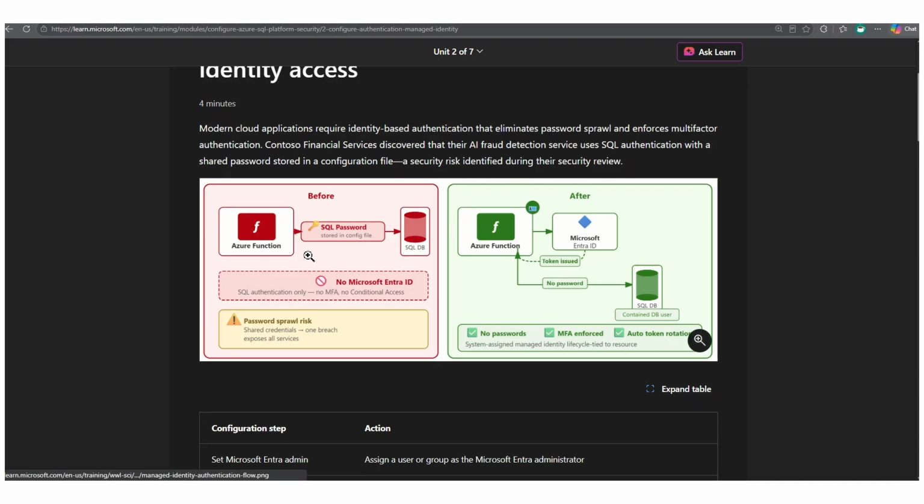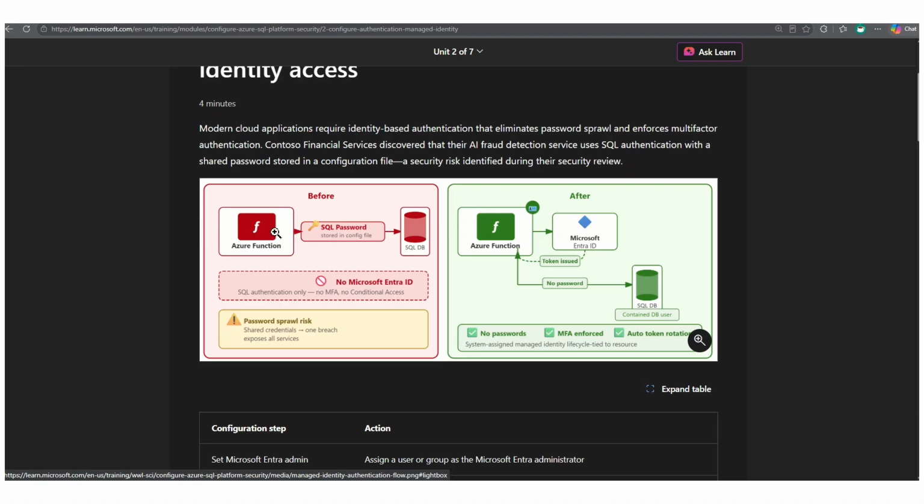So before, basically, you have an Azure function, for example, that needed to use an SQL password. There was no Microsoft Entra ID, and so you couldn't use MFA. Now, of course, an Azure function cannot use MFA, and this is where you would use either a system assigned or a user assigned identity.